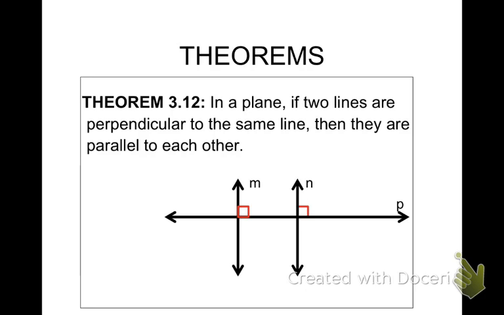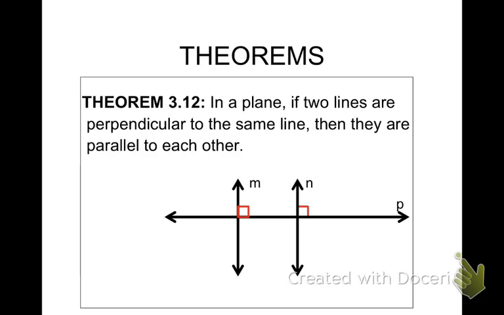So in a plane, if two lines are perpendicular to the same line, then they are parallel to each other. So this is another way to prove parallel lines.